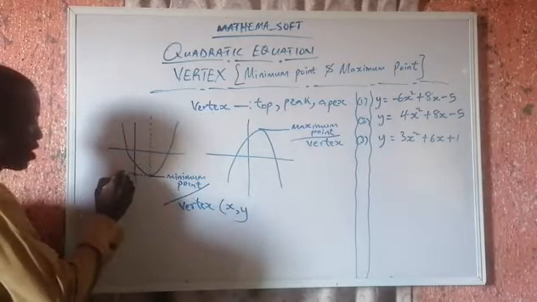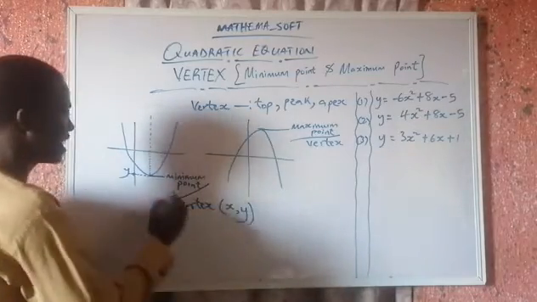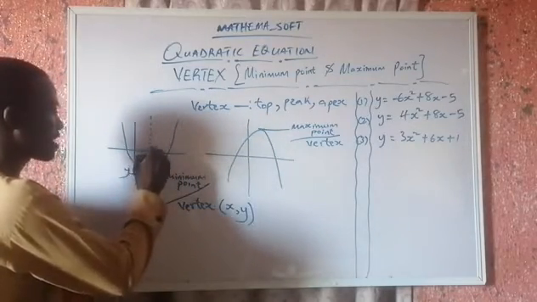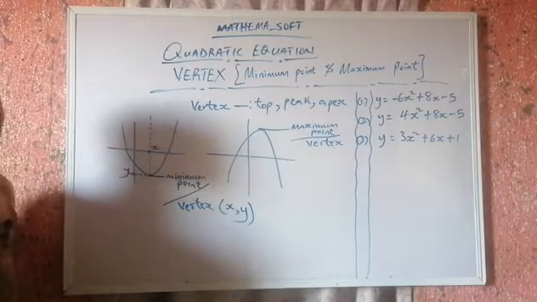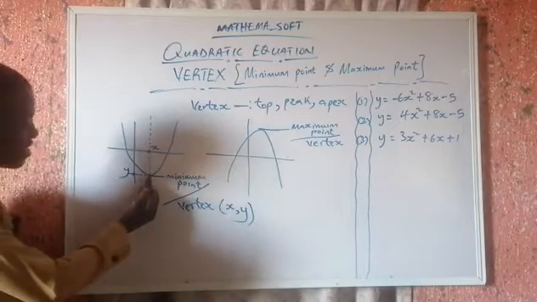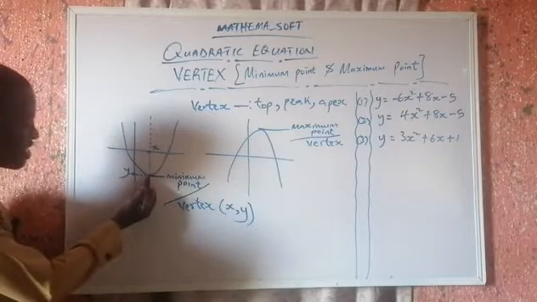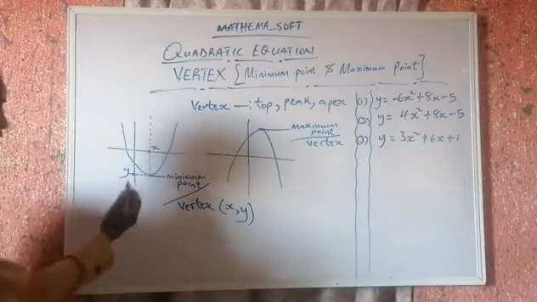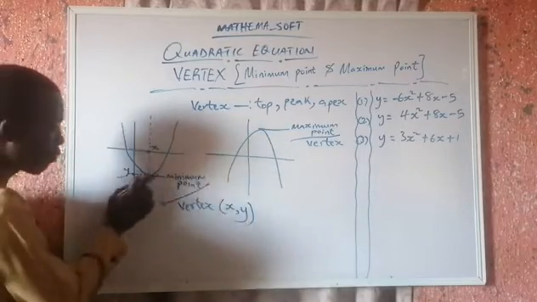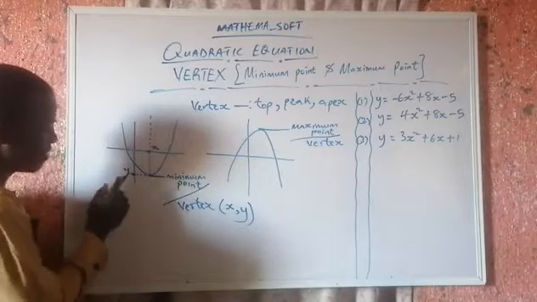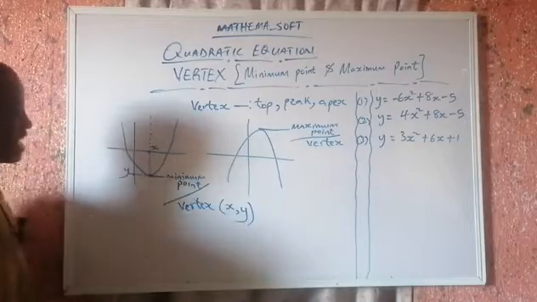At this point, we are going to have the y coordinate of the vertex, and at this point, the x coordinate of the vertex, because this is the peak point. This is the topmost point on the curve, and this is where we call our vertex. In this case, it is called the minimum point. Either way, this vertex is going to have its x coordinate and y coordinate like this.